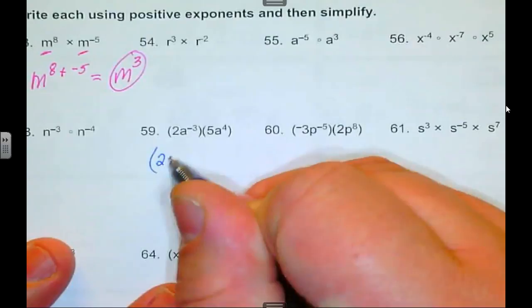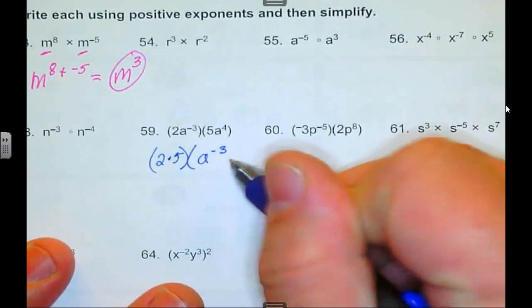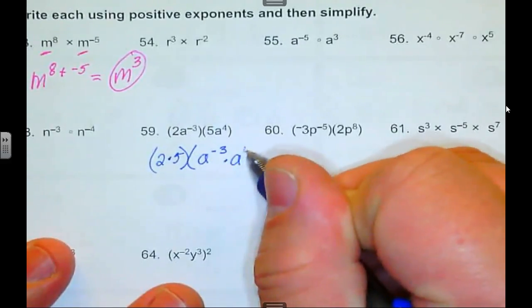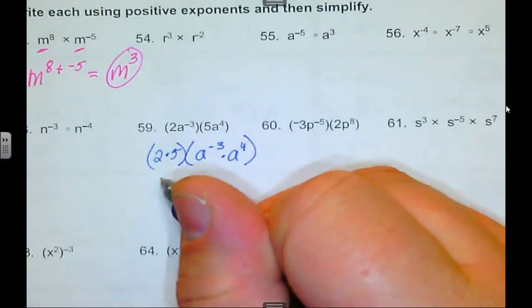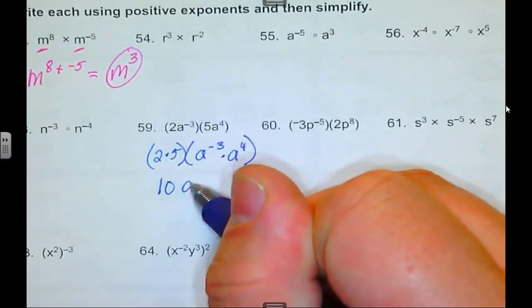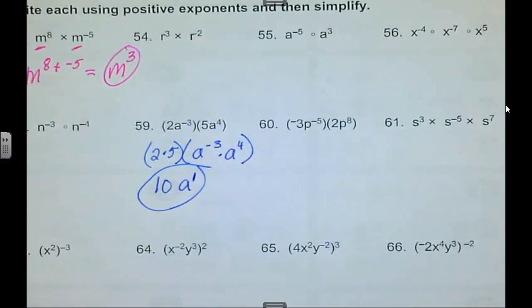Multiply them, right? 2 times 5. And then I have a to the -3 times a to the 4th. So I'm going to add my exponents, right? So I have 10 a to the 1st. If you want to put a 1 there, that's cool. If not, don't worry about it. 10a or 10a to the 1st is acceptable.